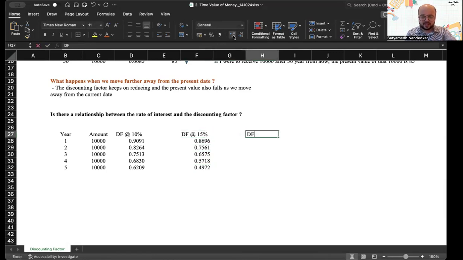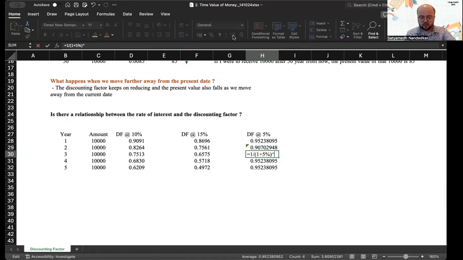And let me see what is my discounting factor if the rate of interest is 5%. So 1 upon 1 plus 5% raised to 1, so on and so forth, raised to 2, raised to 3, raised to 4, and raised to 5.